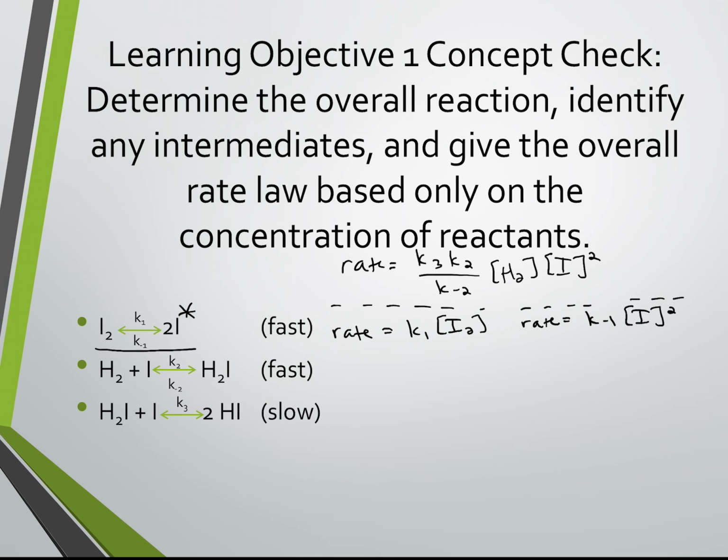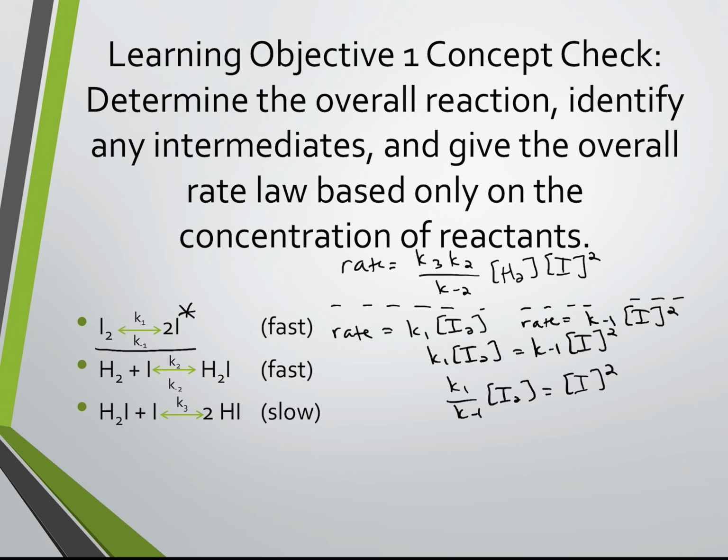We'll set them equal to each other. k1 [I2] is equal to k minus 1 [I]². Solving for I squared, we get k1 over k minus 1 times [I2] is equal to [I]².